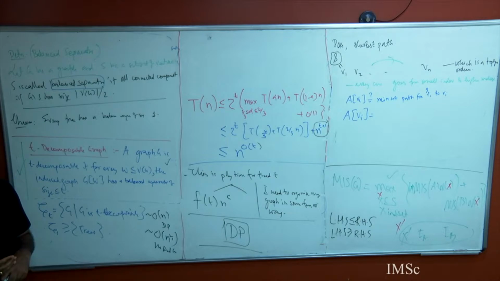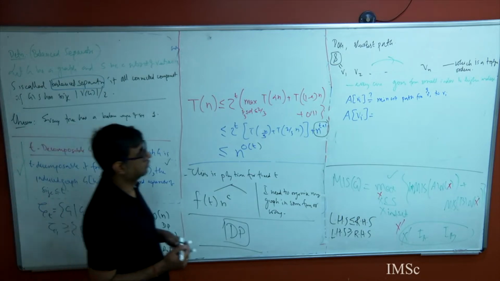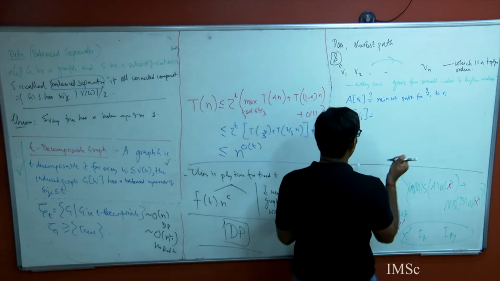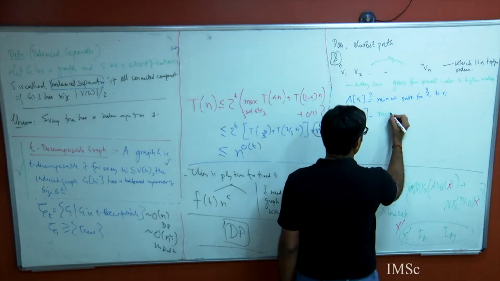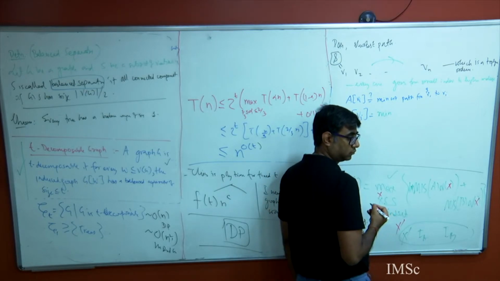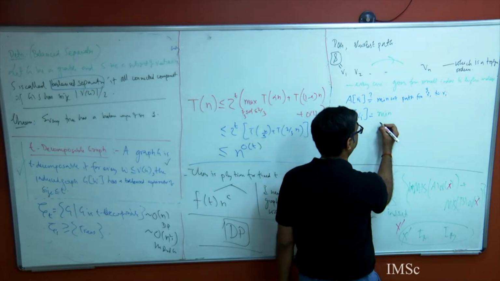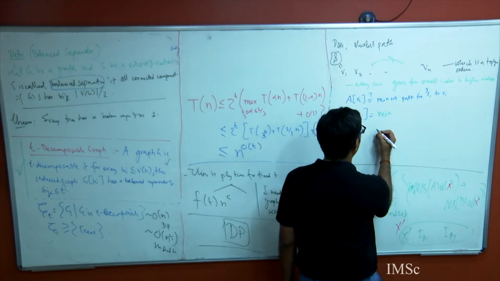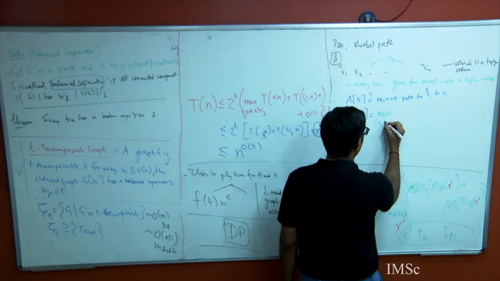So you take all the neighbors, so what should I write? Min over all neighbors. What neighbors? It has a forward arc too. So from Vj to Vi, min over all Vj to Vi.